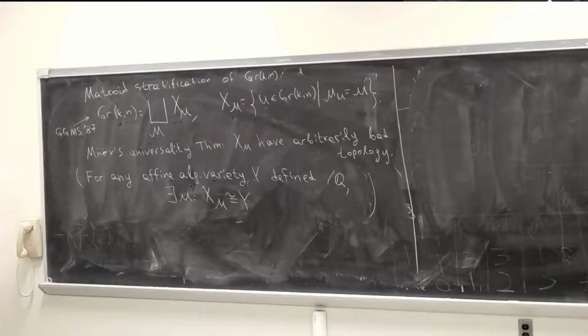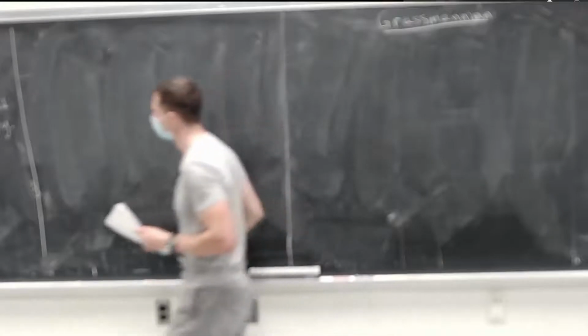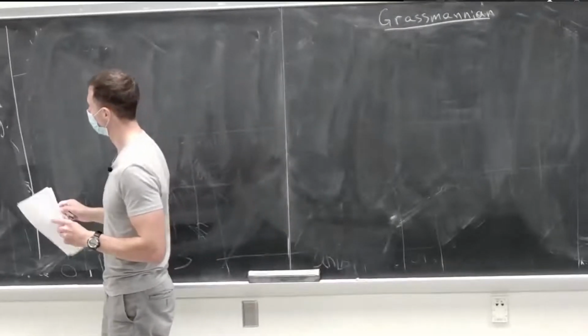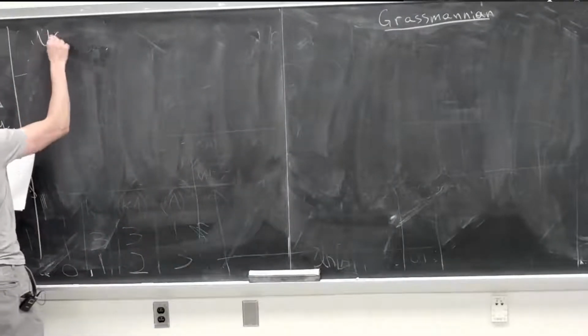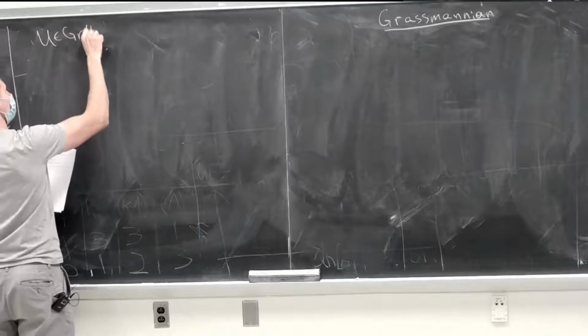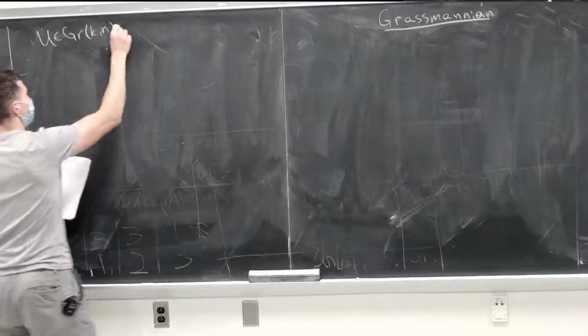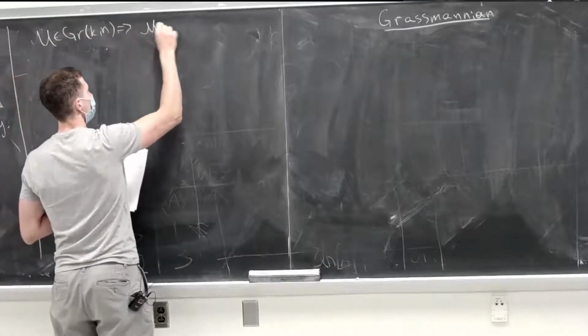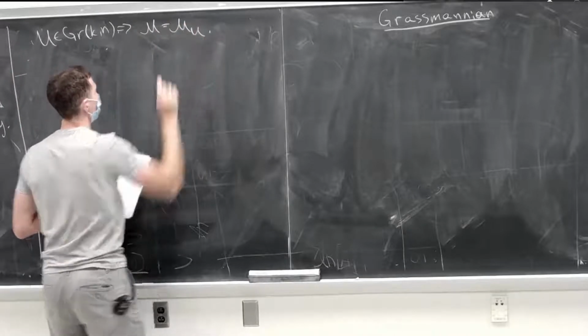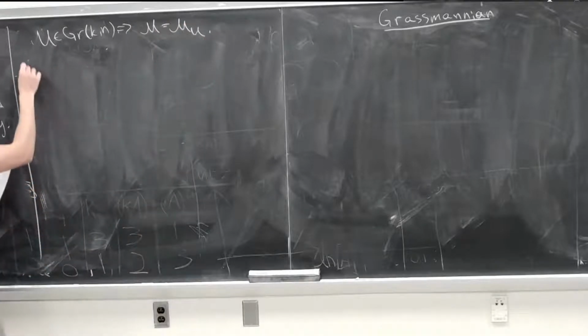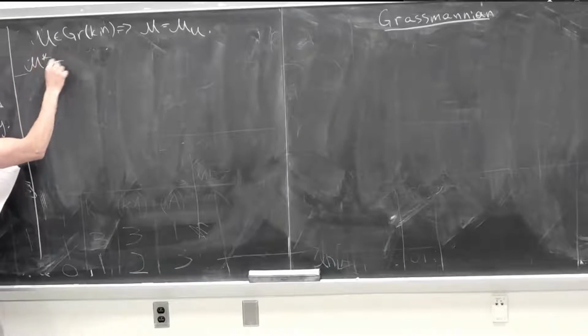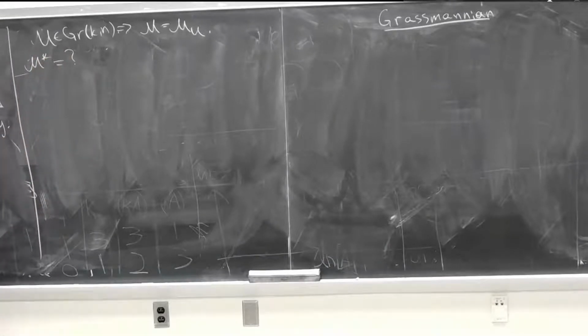Okay, so going back to the duality question. If I have an element U of the Grassmannian, then I get a matroid. What is the dual of this matroid?